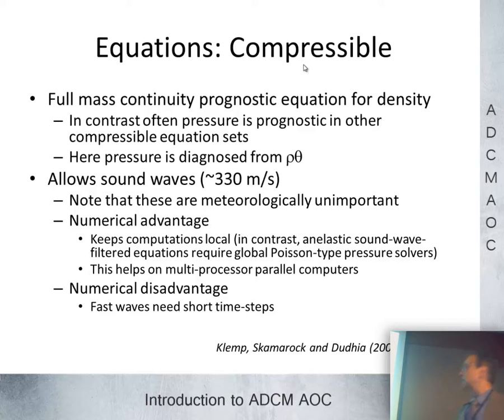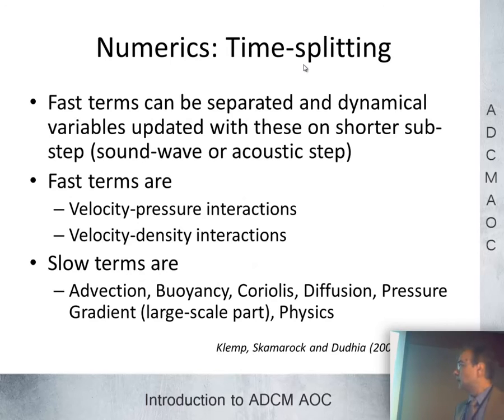This is basically following what's done in WRF, and there's a paper on the WRF numerical methods by Klemp, Skamarock and myself. So we use time splitting. Fast terms can be separated, and dynamical variables updated with these variables on a short substep, also known as the sound wave or acoustic step.